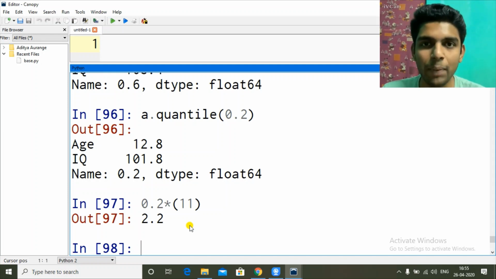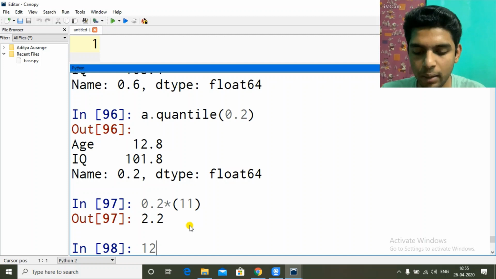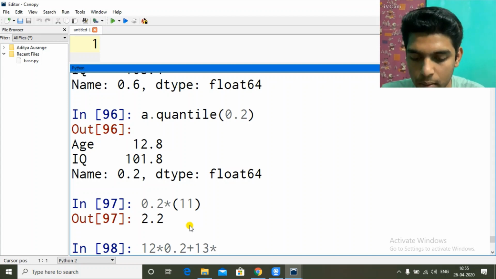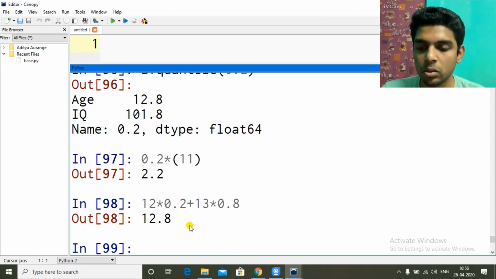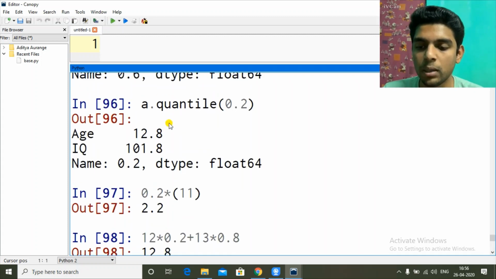So 20% of the second element and 80% of the third element. So 12 is my second element, star 0.2 plus 13 is my third element, star 0.8. So I get 12.8, similar to this.